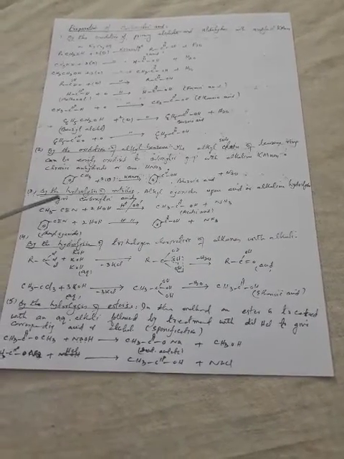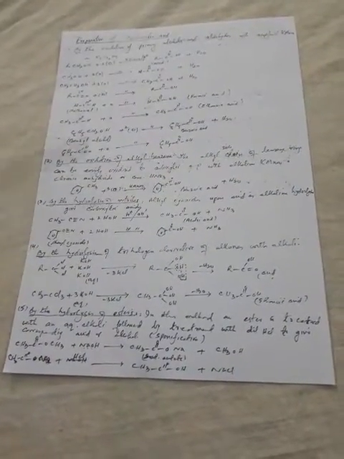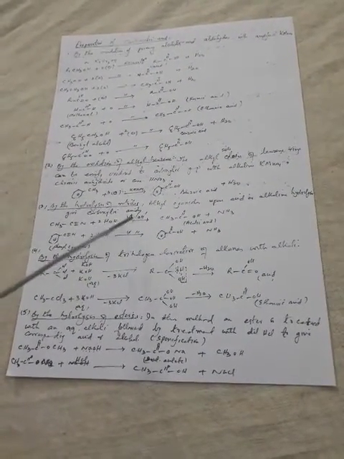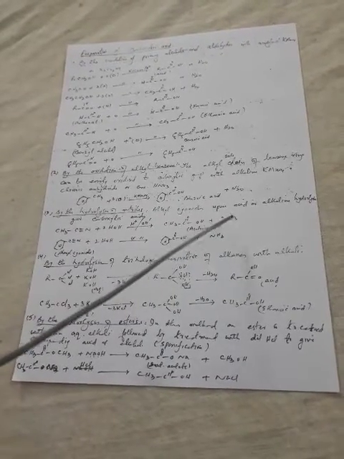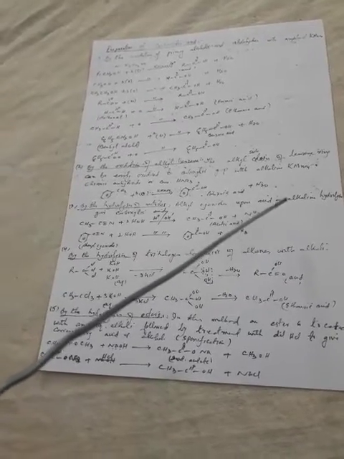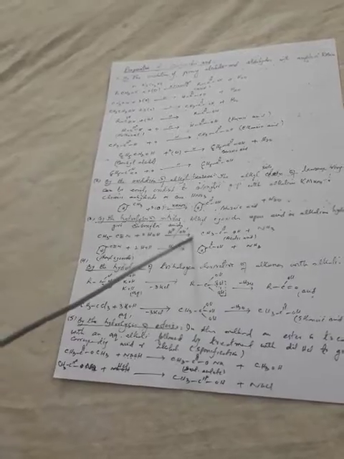Now, another method that is used for the preparation of these carboxylic acids is by the hydrolysis of nitriles or cyanides. In this method, these alkyl cyanides or alkane nitriles are treated with an alkali or an acid to give rise to the formation of these acids.